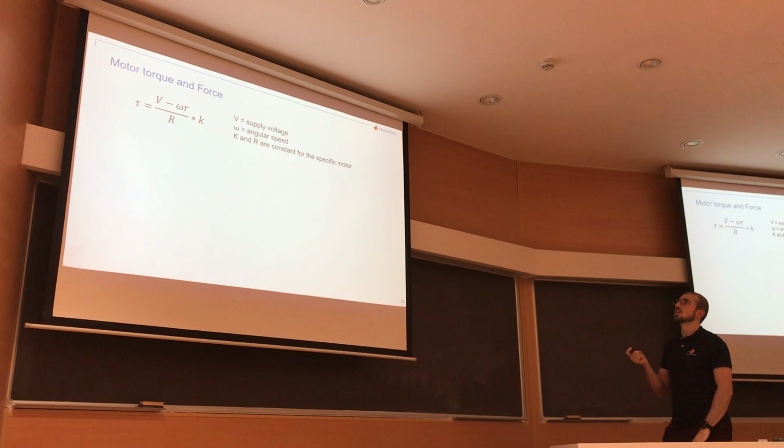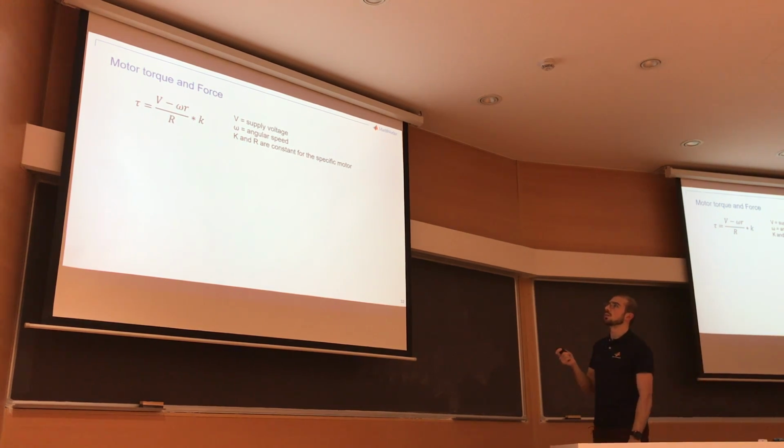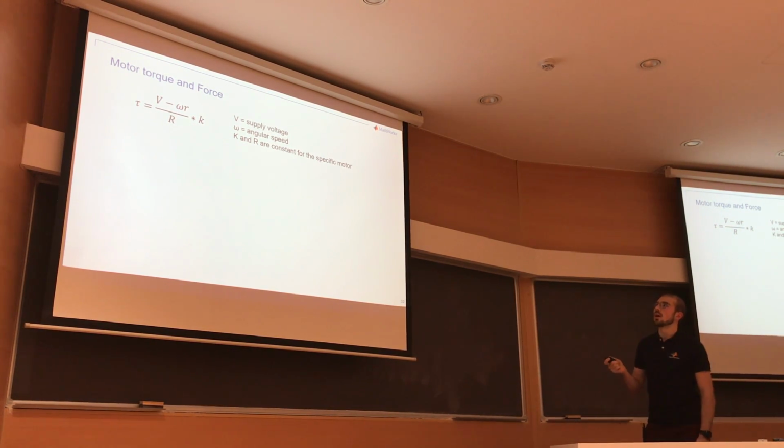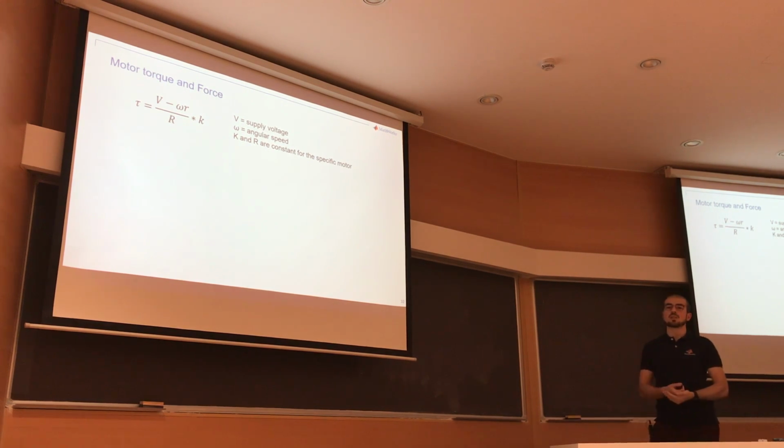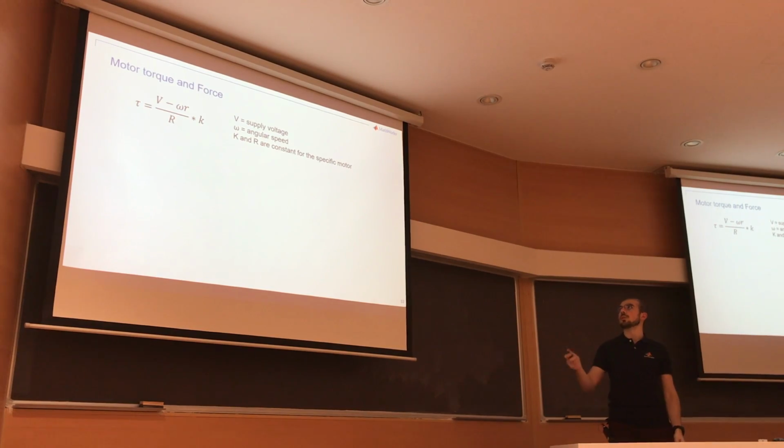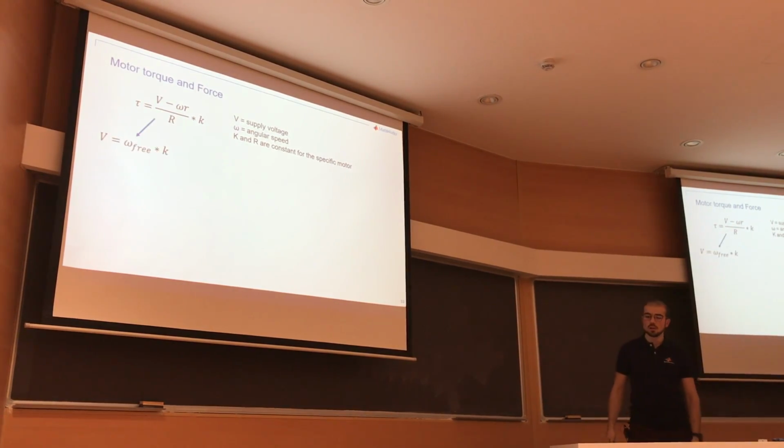We have the voltage, the angular speed with the radius, the resistance of the motor, and then some coefficient to scale this information. Keep this as given; this is the base of the modeling of the torque of the motor.